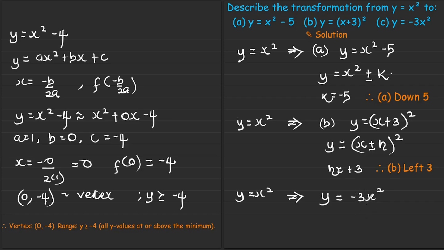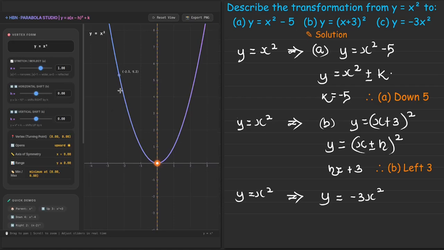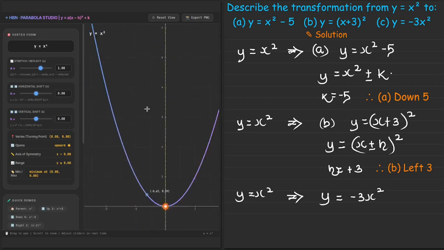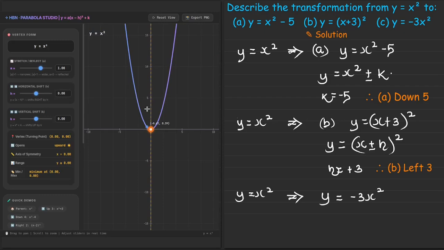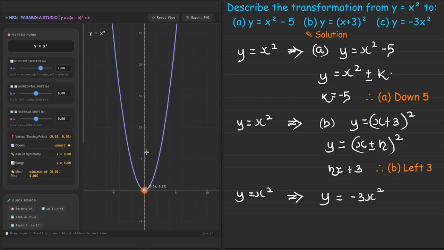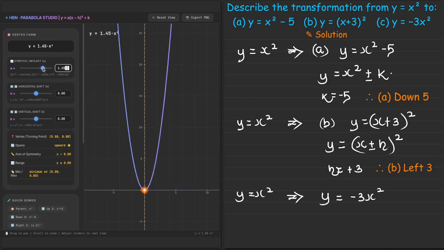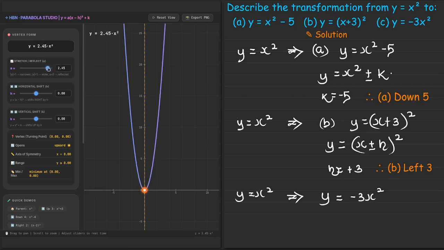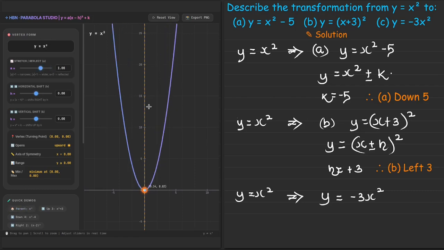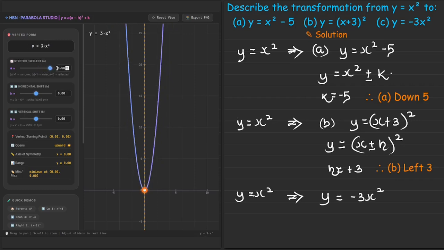So for this particular one, let me illustrate it on the graph so you see. First of all, this here is our parent function. Now, we are choosing to multiply it by 3. So if I multiply it by 3, look at what happens. Initially, it is just like this. Look how wide it is. But if we move a to 3, that is parent function times 3, it becomes narrow.